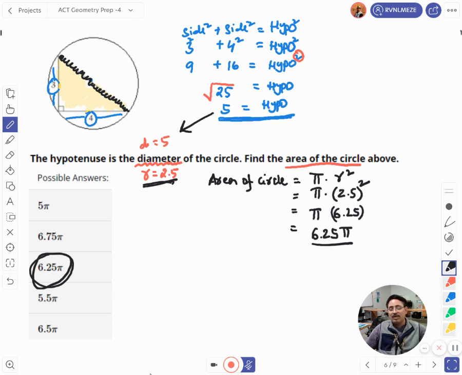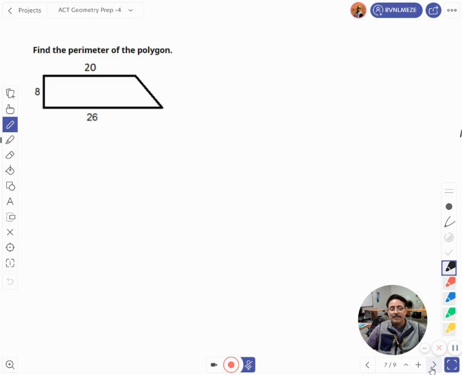Okay, so let's quickly jump to the next question. Find the perimeter of this polygon. Perimeter means, you know, the sum of all the sides. Perimeter of a polygon equals the sum of all sides, right?